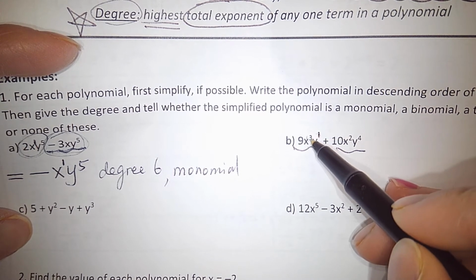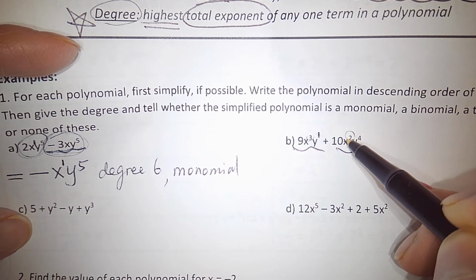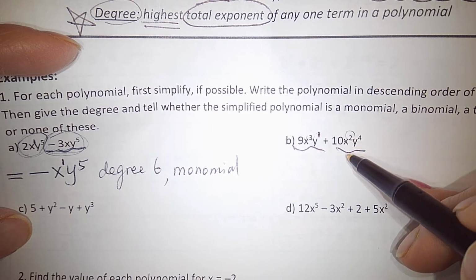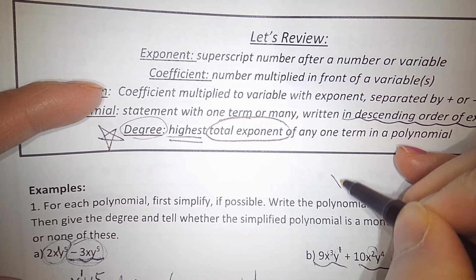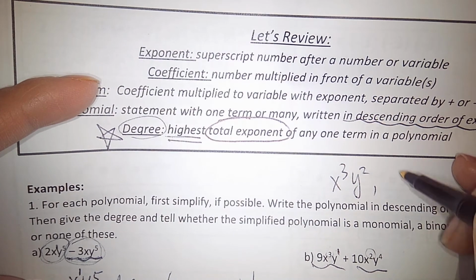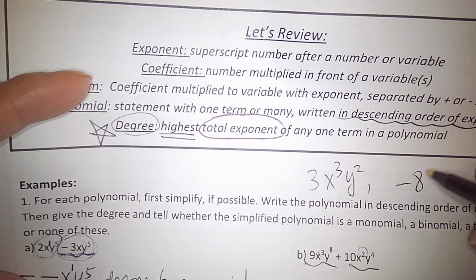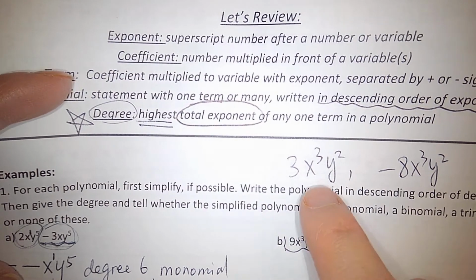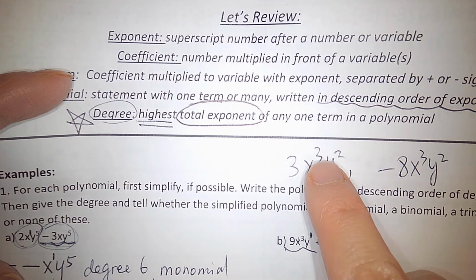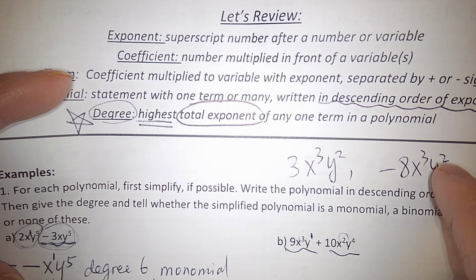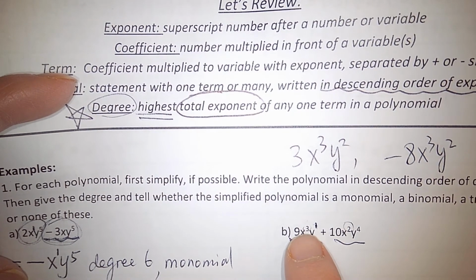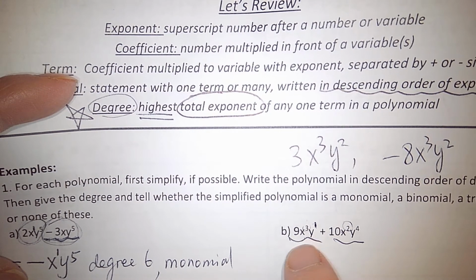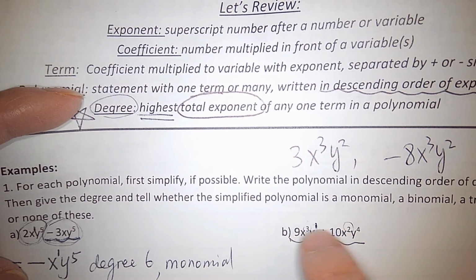However, in this term the exponent for x is 3, and in this term the exponent is 2. They're different. So when we talk about like terms, say 3x and negative 8x, this is a pair of like terms. Why? Because they have the same variable, and they must also have the same exponent. So are these two terms like terms? No. So we cannot combine them.